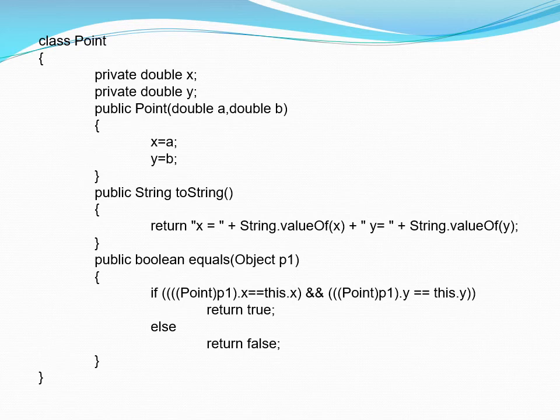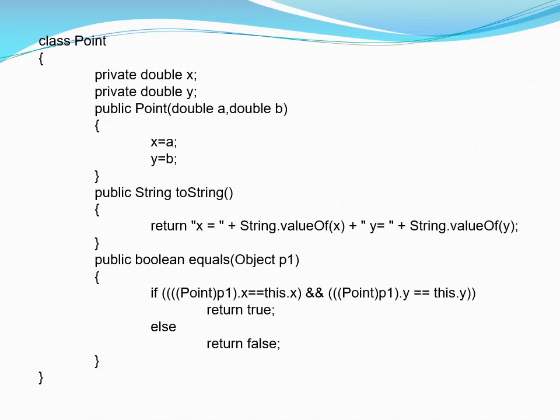You can see here public String toString. What does it return? It returns a string of this type: x equal to, then String.valueOf(x). Here x is a double, so it is converting it into a string and returning it. Then y equal to String.valueOf(y), so the value of y is converted into a string.